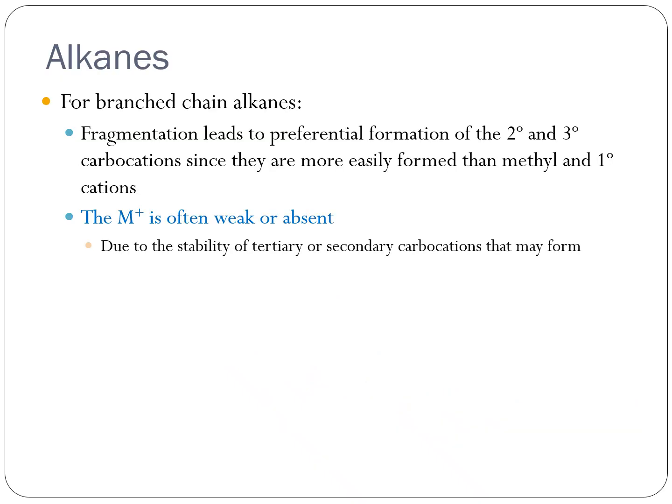So further, when we look at some branched chain alkanes, we see that some fragmentation, as I mentioned before, would result in either a secondary or tertiary carbocation if it is possible for them to be formed.